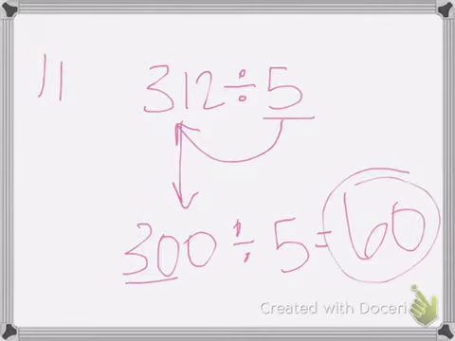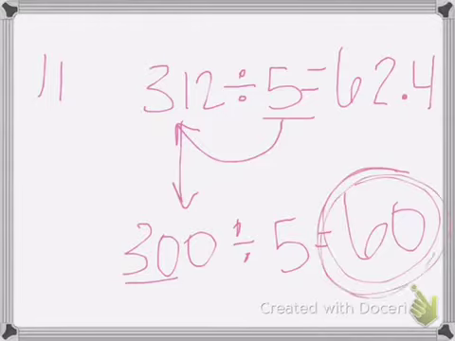Good. So your answer would be 60. Remember, I'm not asking for an exact answer. If I were looking for an exact answer, our exact answer would be 62.4. But remember, just an estimated answer. Okay, so we're also going to do 12 together. So look at your work as I write mine down.